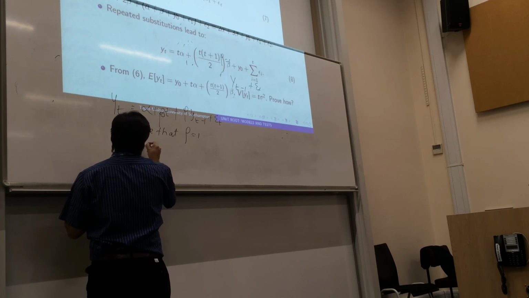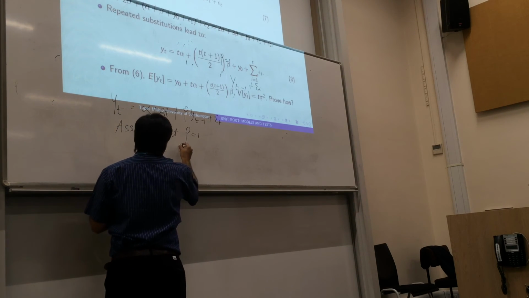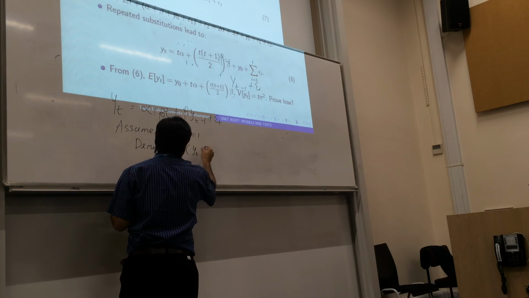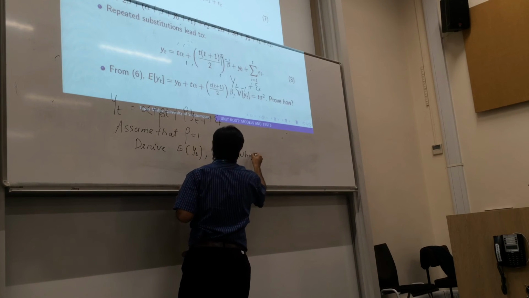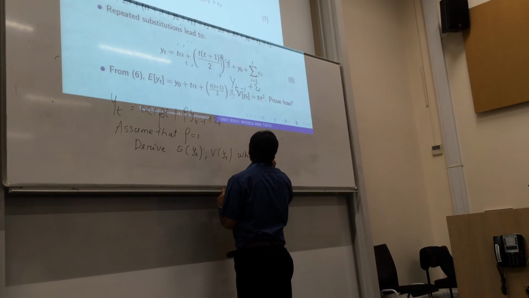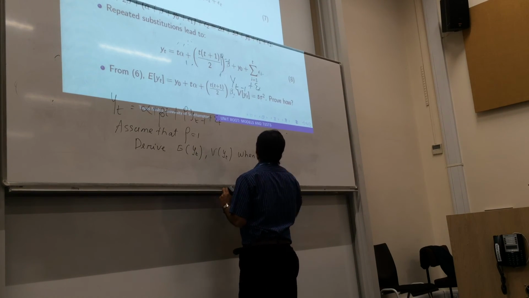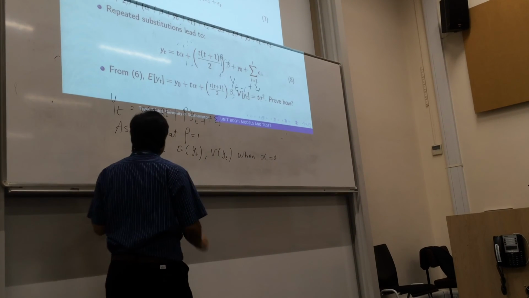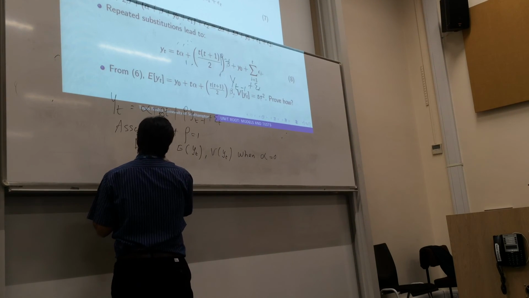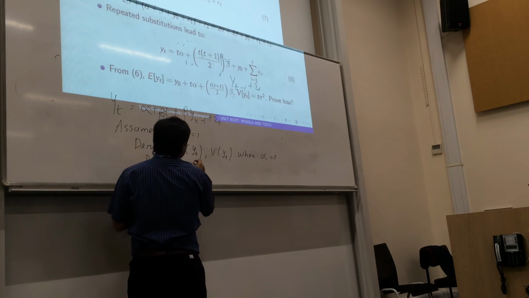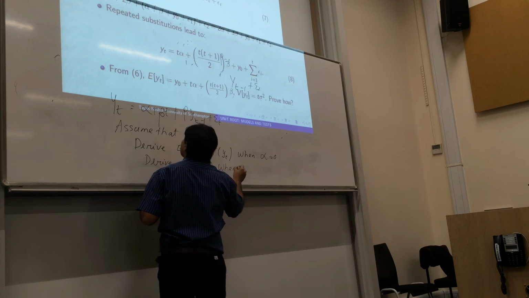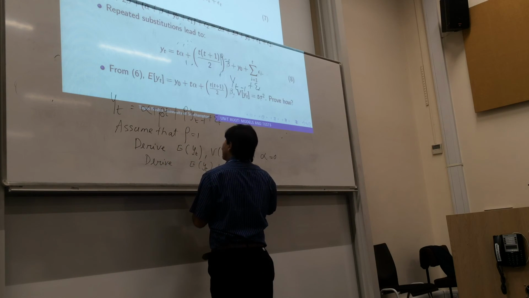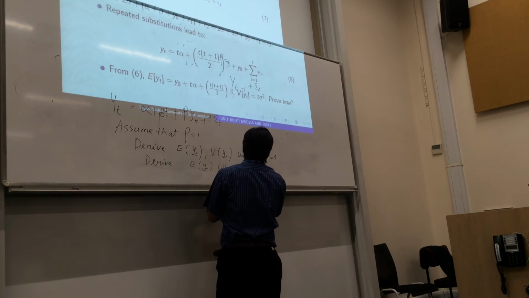Derive the expectation of yt and variance of yt when alpha equal to 0. Derive the expectation of yt when beta equal to 0.